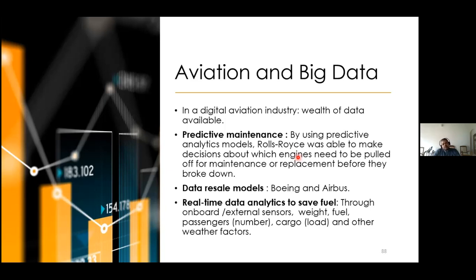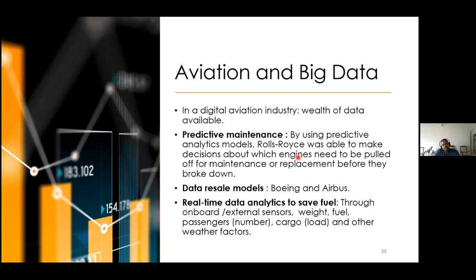Obviously through systems you relay that information to air traffic control, so that they can also make judgments in terms of saving certain airspace, avoiding certain weather patterns or risky air patterns.